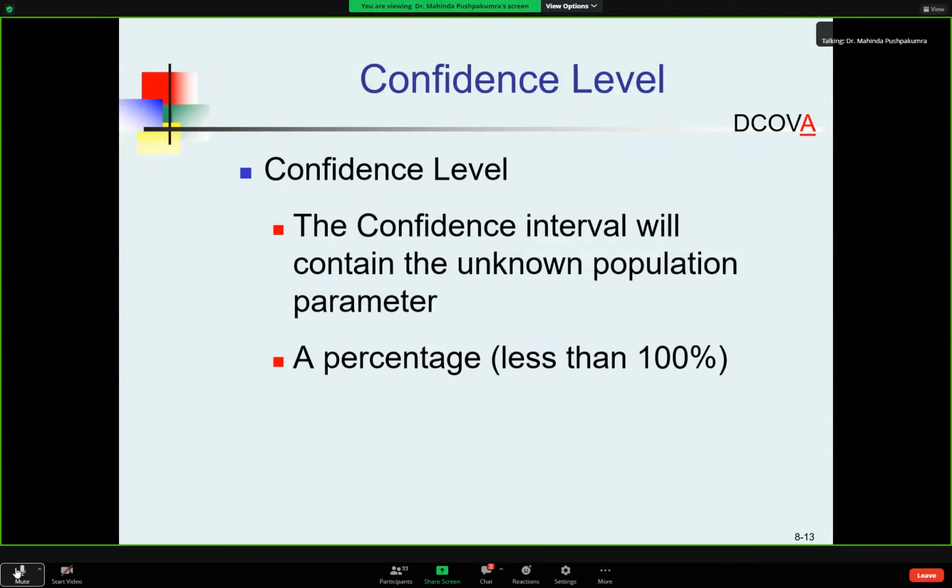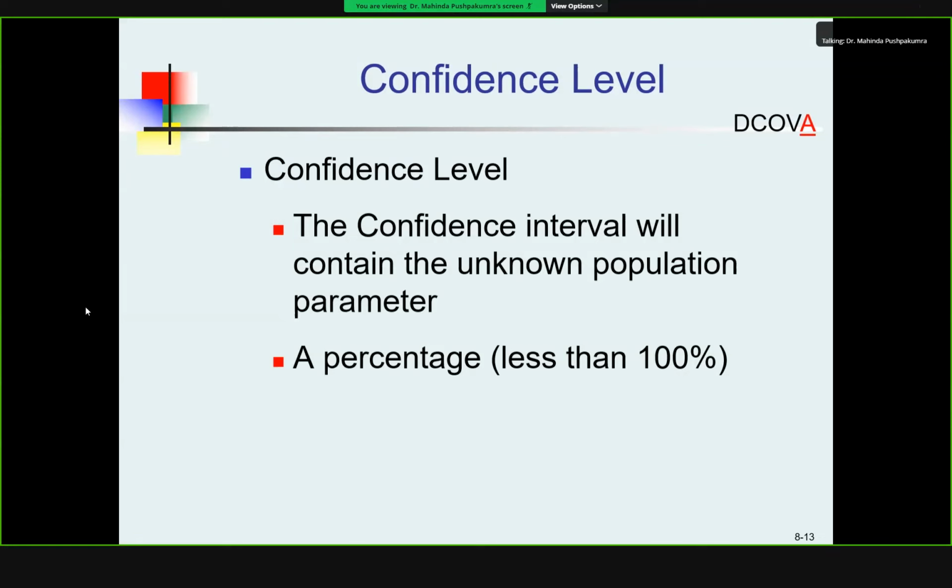Yes. Actually, the direct answer to why we estimate a confidence interval is very short: to make a conclusion about the population based on sample survey data. That is the key point.